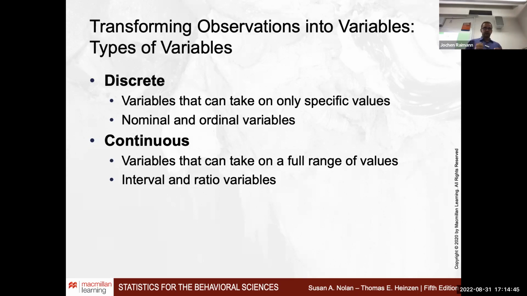So this is a continuous variable. And these continuous variables can be distinguished between interval and ratio. Take it in for now, accept it, interval and ratio. We will talk about this more in detail.